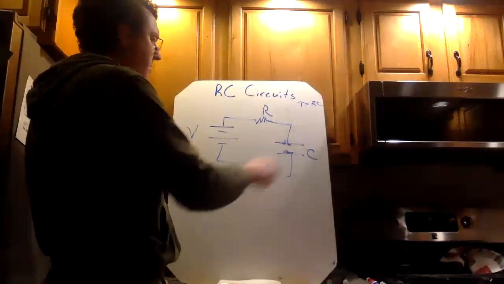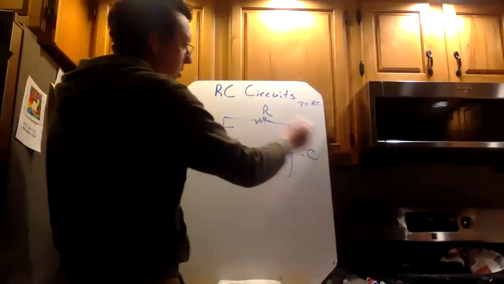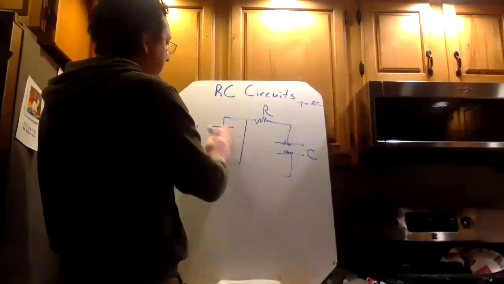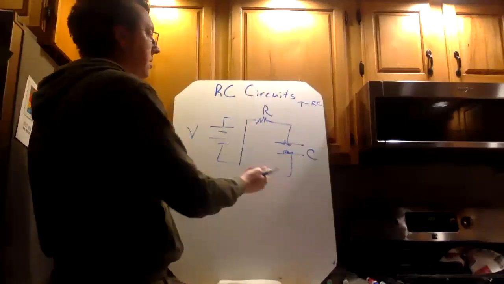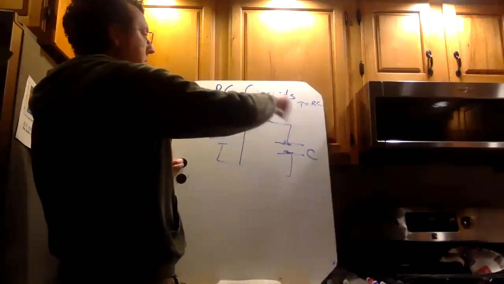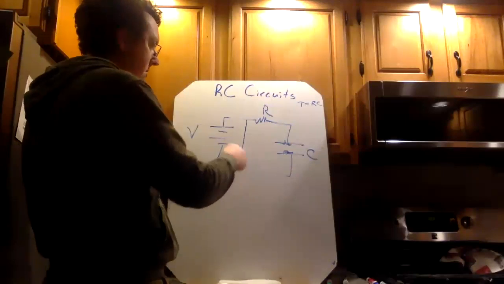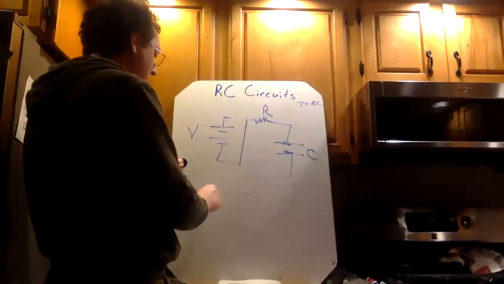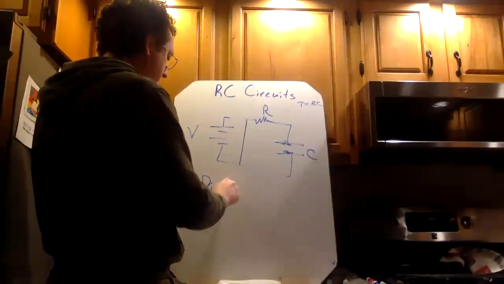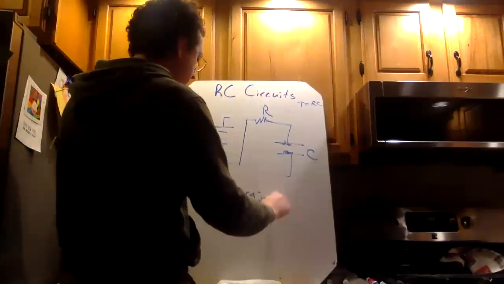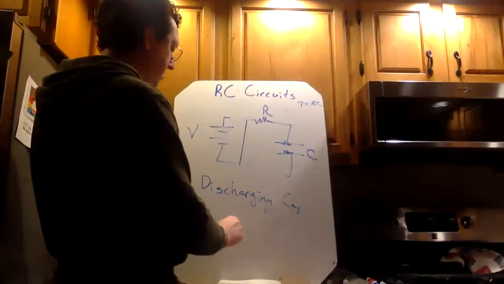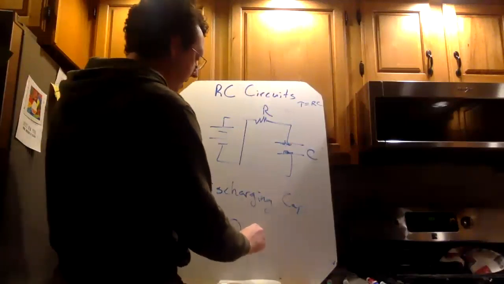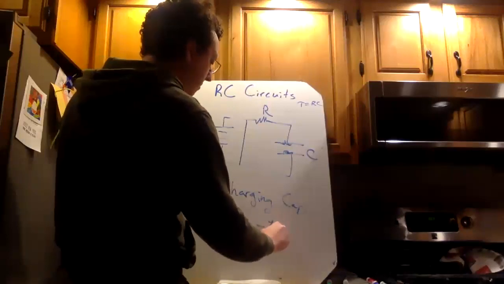I'll leave it to you to go through the same analysis, but you can imagine charging the capacitor and then disconnecting the battery. The whole thing is going to unwind. The capacitor will discharge, releasing its charge back through the resistor, and it'll neutralize. For a discharging capacitor, the charge starts off with some initial charge, and then it decays as e to the minus t over RC.